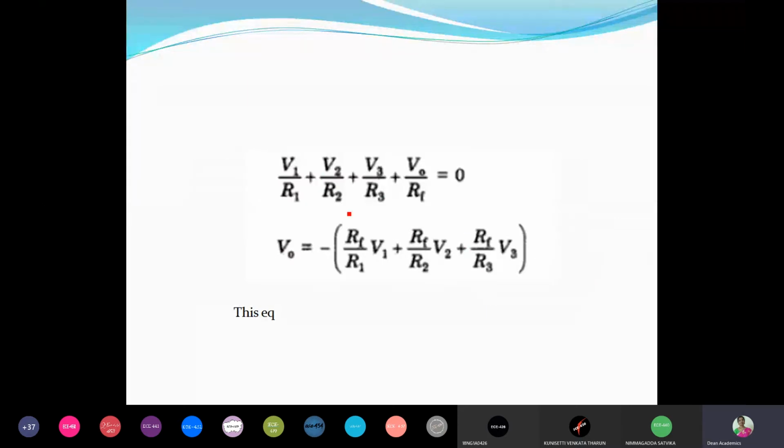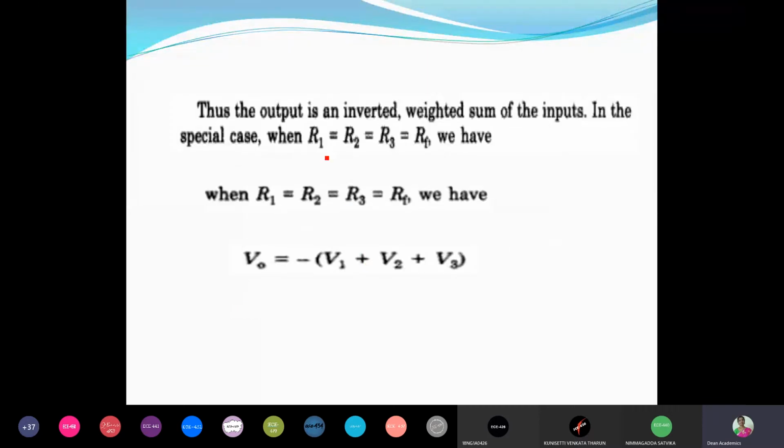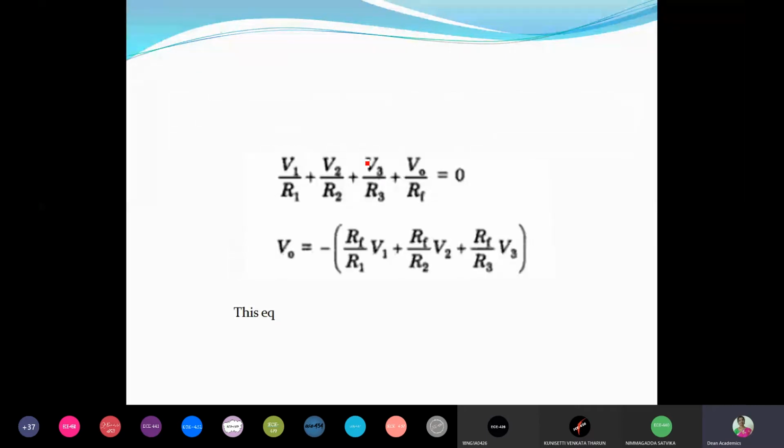Now we can write V naught. From this equation you can say that the output V naught is equal to minus of RF by R1 into V1 plus all this. That means the output is the minus of the sum of voltages V1, V2, V3.